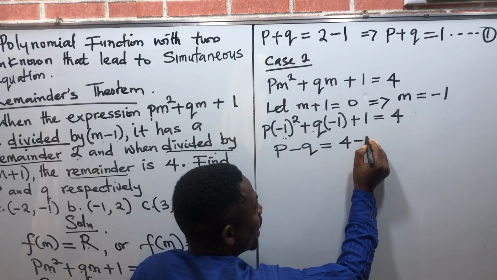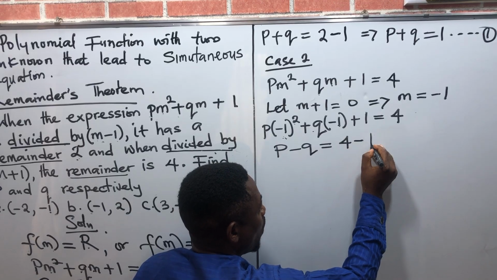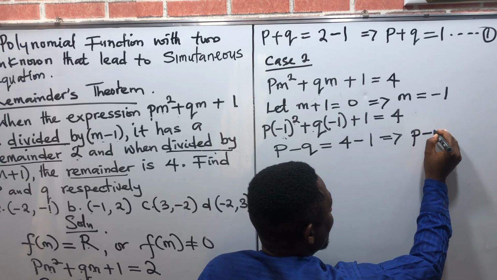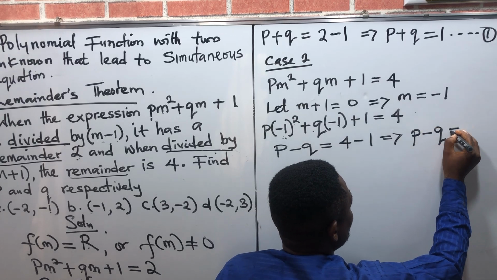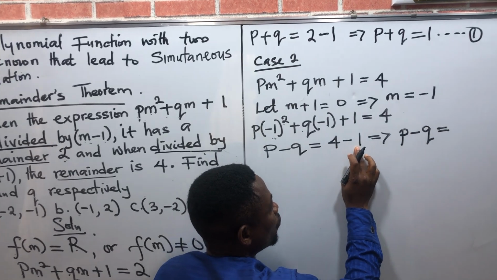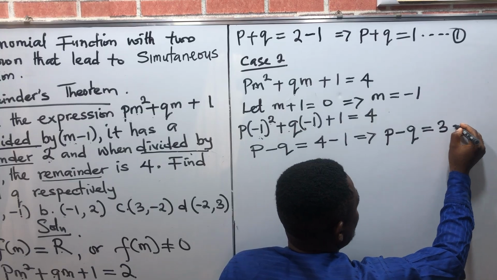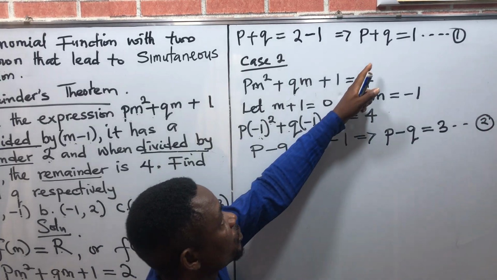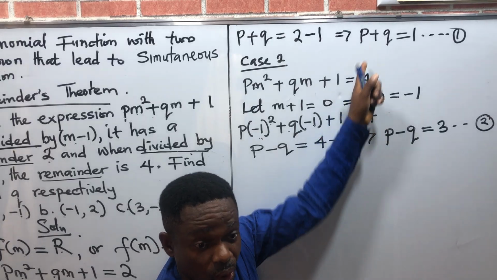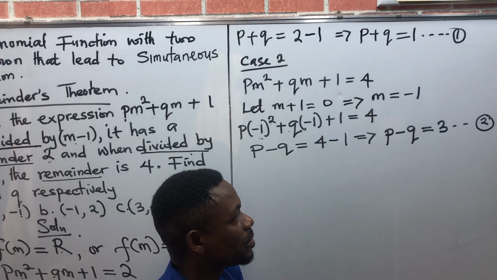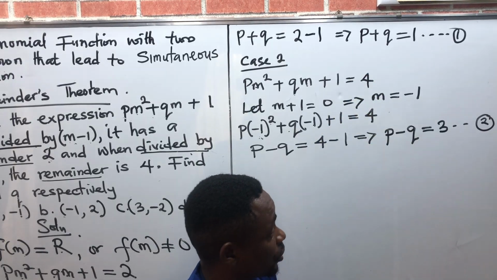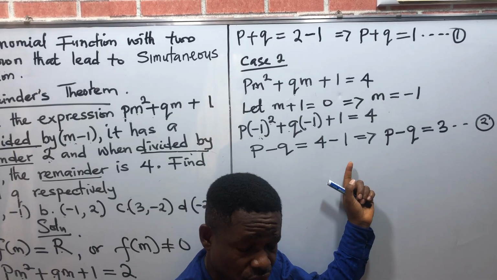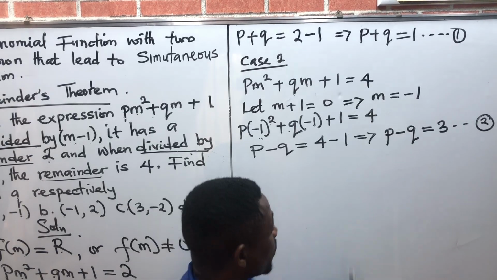Minus 1. So which implies that P minus Q should now be equal to 4 minus 1, which will give you 3. Call it equation 2. It has now led us to what we call simultaneous equation, 2 unknowns. So I can use the method of solving simultaneous equation, but I advise you the best way, or the shorter form, is using the substitution method.